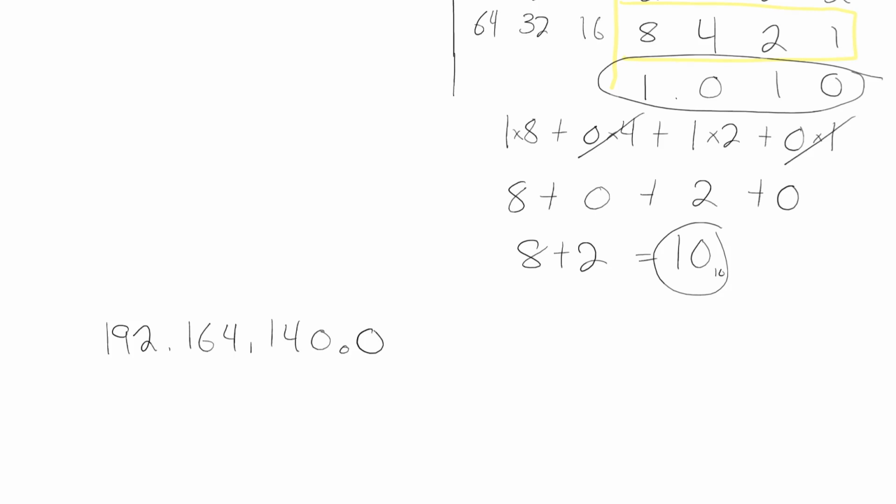So 192 is going to be 11000000, dot 164. To get 164, I'm going to just use the Windows calculator to convert it to binary.